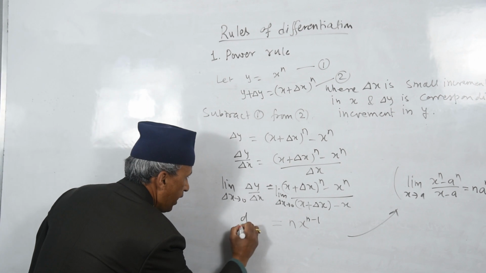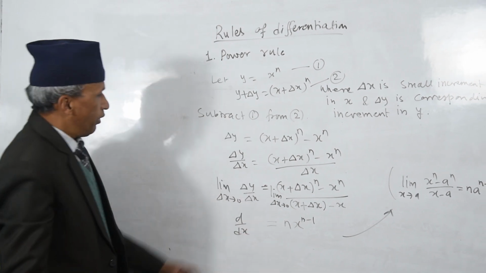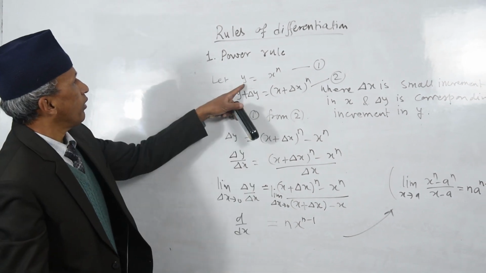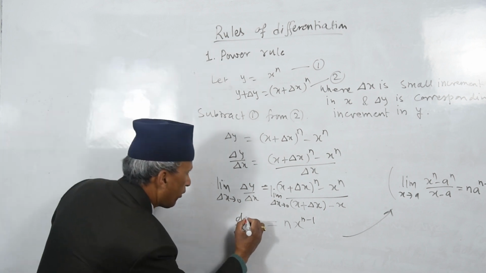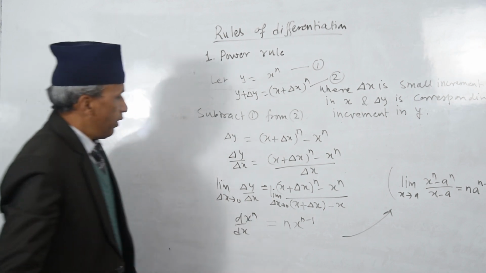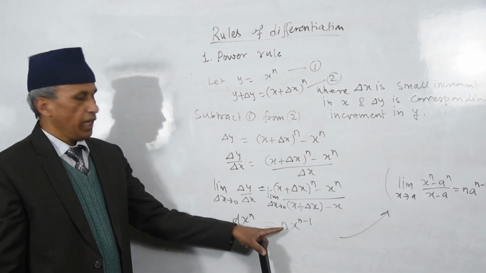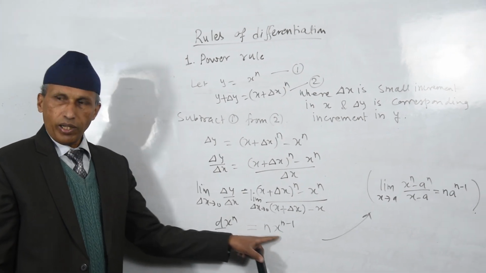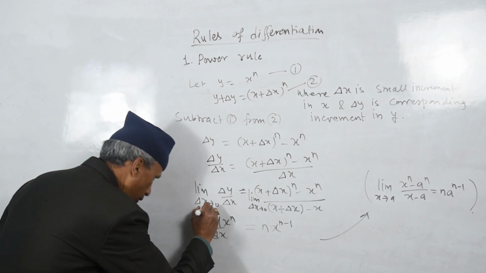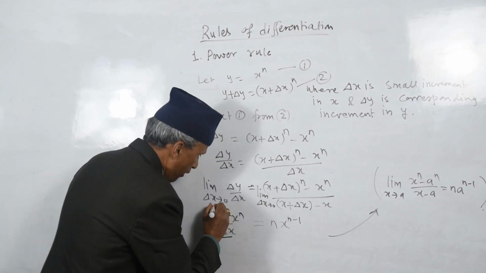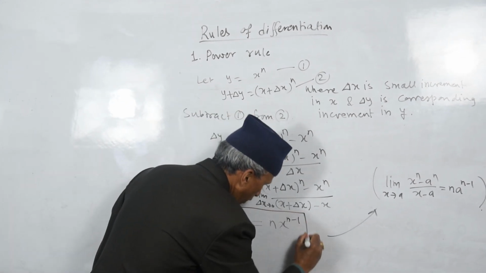So d by dx, what is the value of y? y is equal to x to the power n. So the derivative of x to the power n with respect to x is n x to the power n minus 1. This is our power rule.